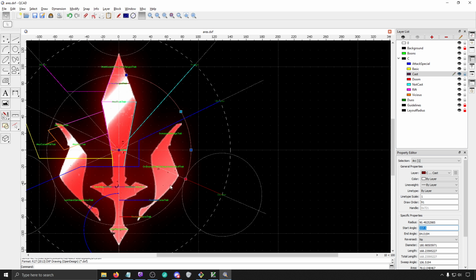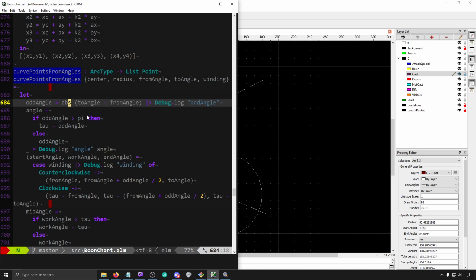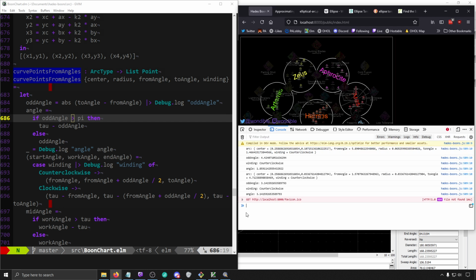Oh, that's why we're trying to take the angle and run it through pi, because we want the lesser angle. That's slightly more than a quarter turn. But is it not correctly more than a quarter turn?